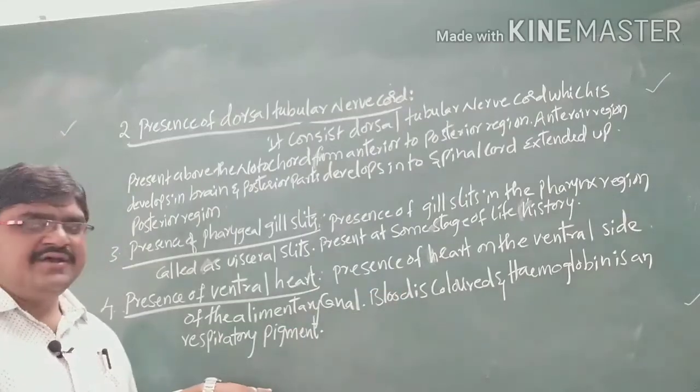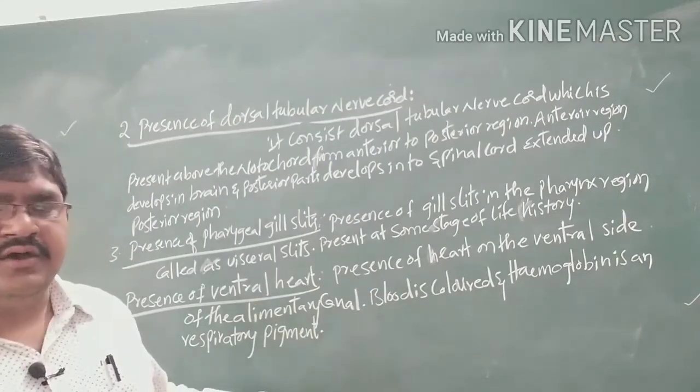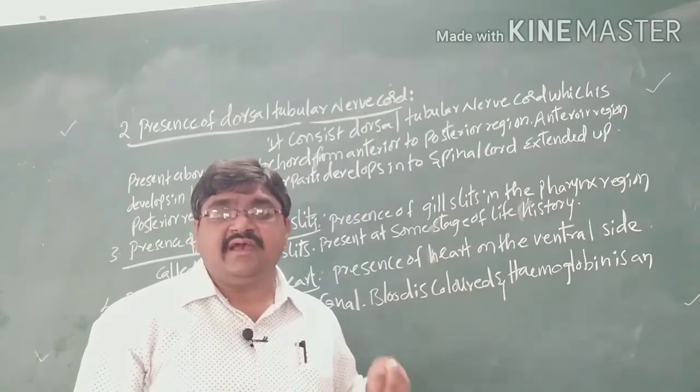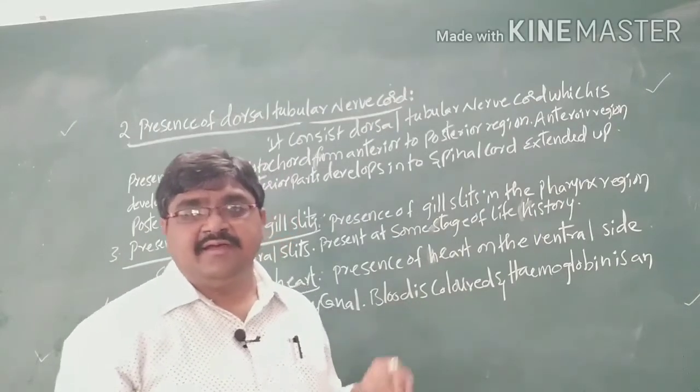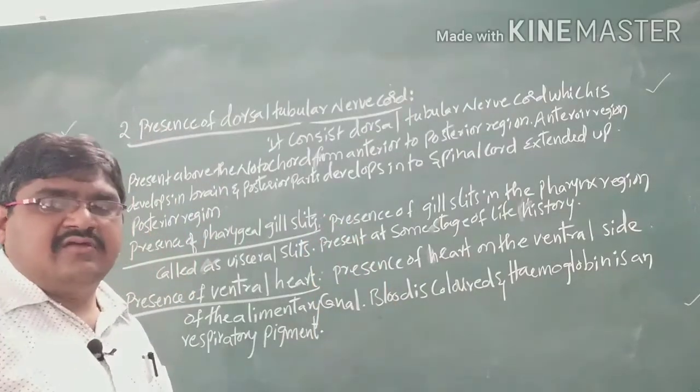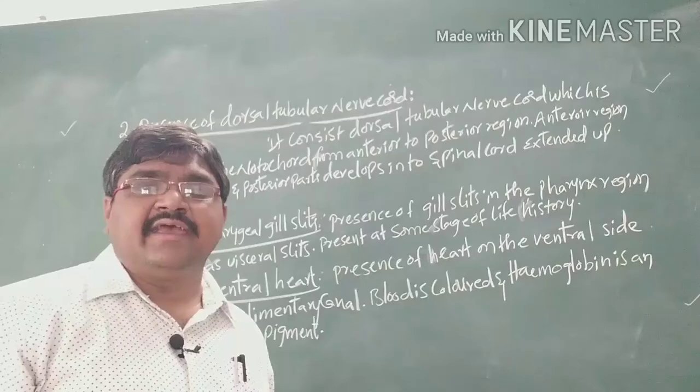It is colored due to the presence of hemoglobin, which is dissolved in plasma. It gives a red color to chordates or vertebrates.